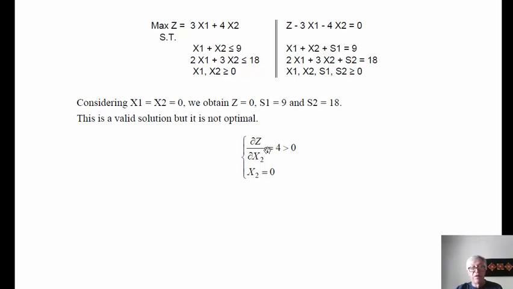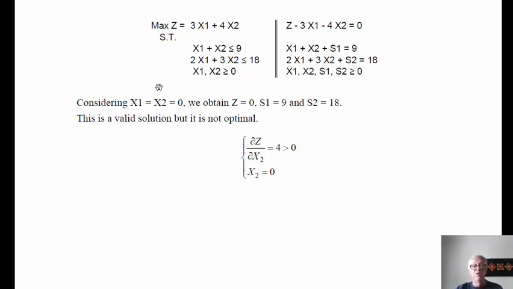So the combination of these results, that is this partial derivative in relation to a variable that we are assigning the value 0, tells us that this solution is not optimal. It's not optimal because if we change this condition, and we can change it because it can only be positive, we can change it only by increasing x2. But if we increase x2, then from here we conclude that z can also increase. That is, we can improve the solution. So this solution is not optimal.